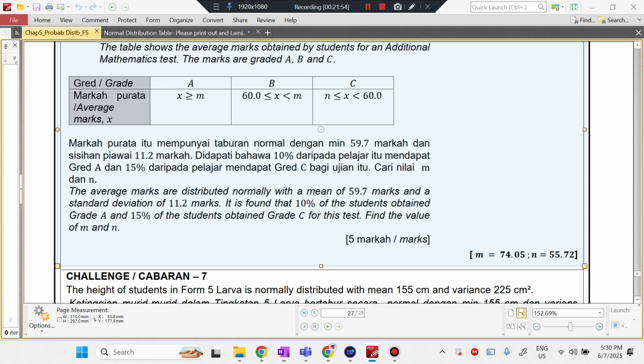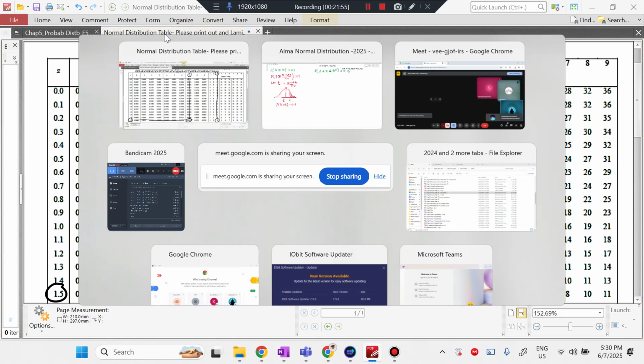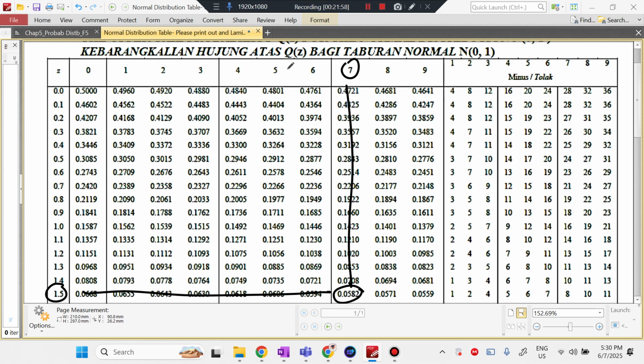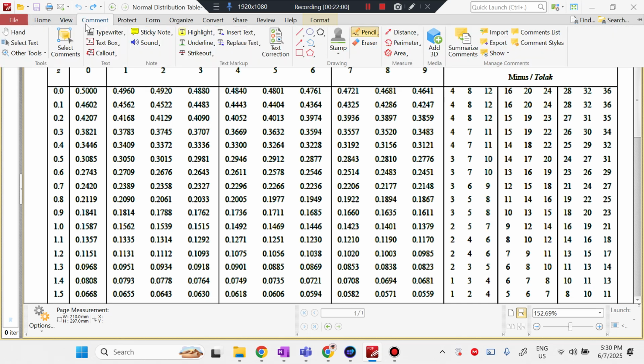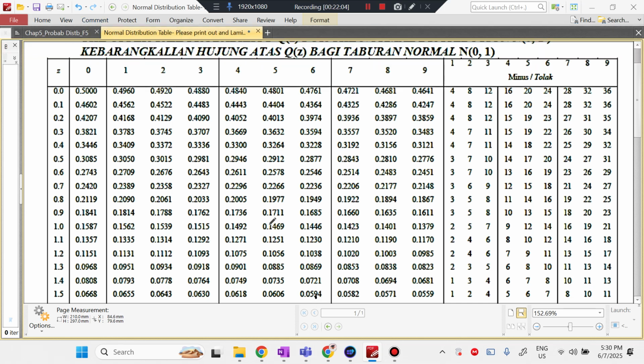We remember we are given the probability and finding z. You don't go for 0.10 as the answer, that is wrong. Why are you finding the probability? The probability is given, so you must be very sure what you are doing.